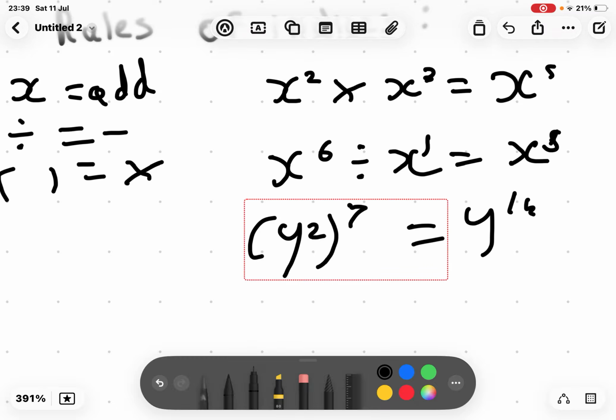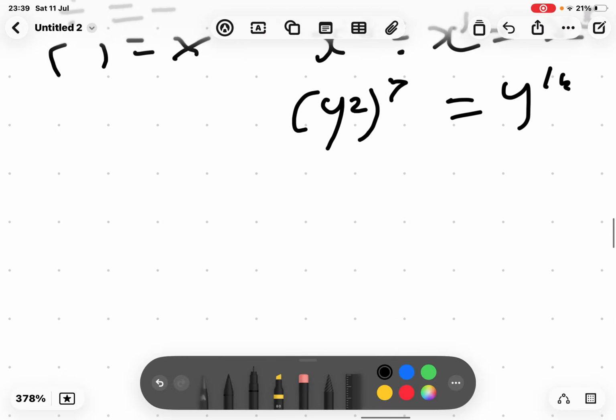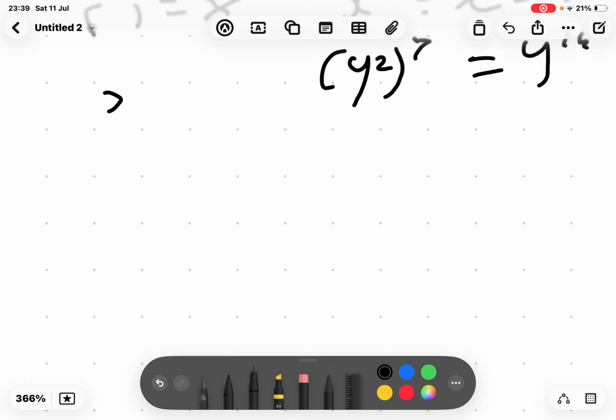Y 17. 14. X to the power 0. Anything to the power 0 is equal to 1.